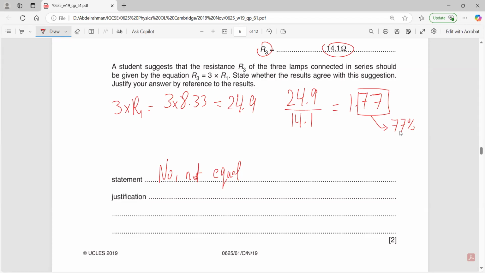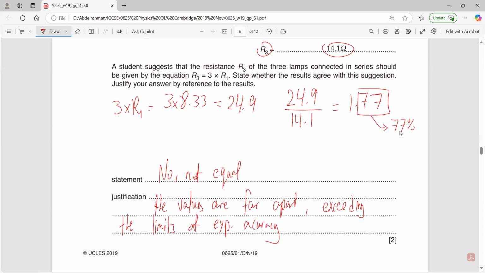In the justification we need to say that the values are far apart, exceeding or not within the limits of experimental accuracy.